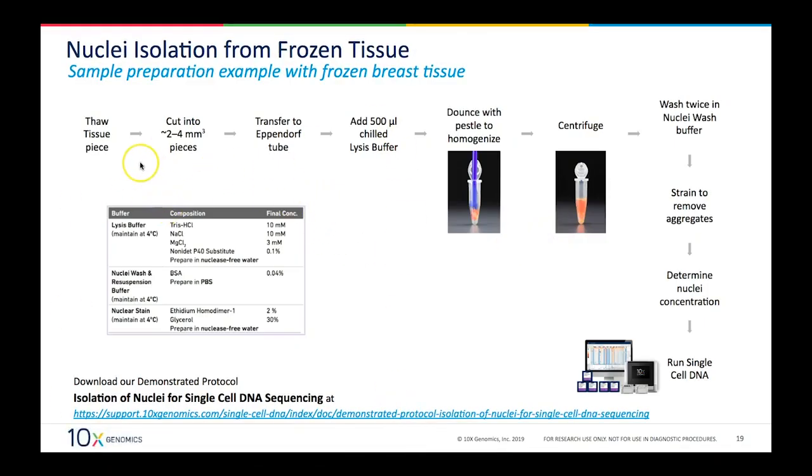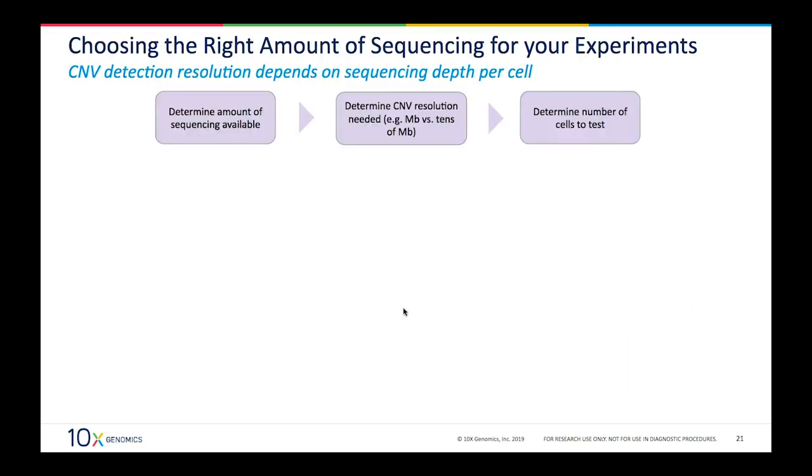Without going into much detail, you can start with your tissue piece, cut it into small pieces, add some lysis buffer, and then you can do homogenization to extract the nuclei. And upon simple centrifugation and wash steps, you can determine your nuclei concentration, and then you can run the system. So you can go on the link that is shown at the bottom of the screen for more details on that.